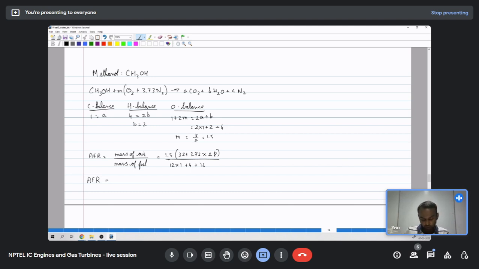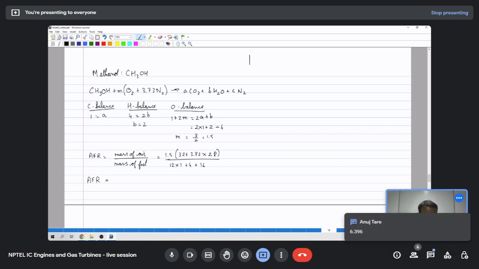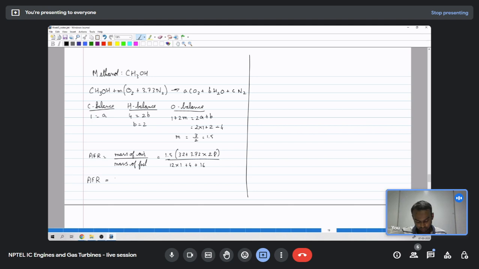So can you tell what is the air fuel ratio? Yes, the answer is 6.39.